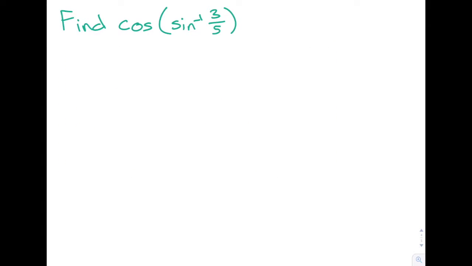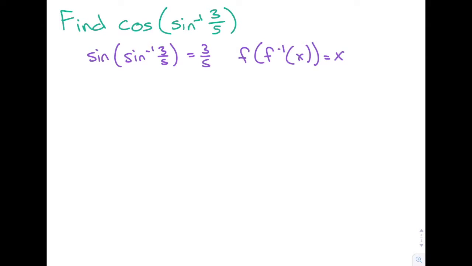So the second method will use the fact that sine of sine inverse of 3/5 is really easy to find. We know that that's just going to be 3/5 by the property that f of f inverse of x just equals x.